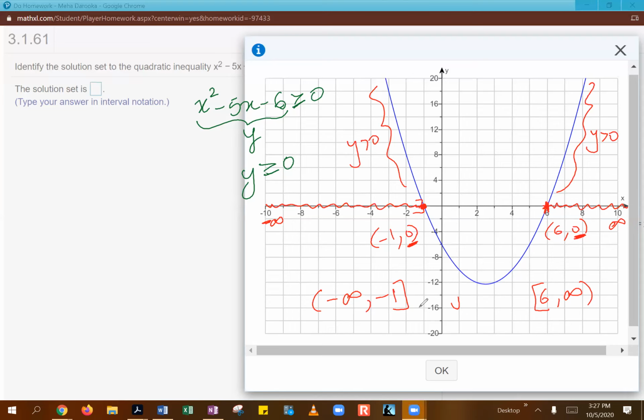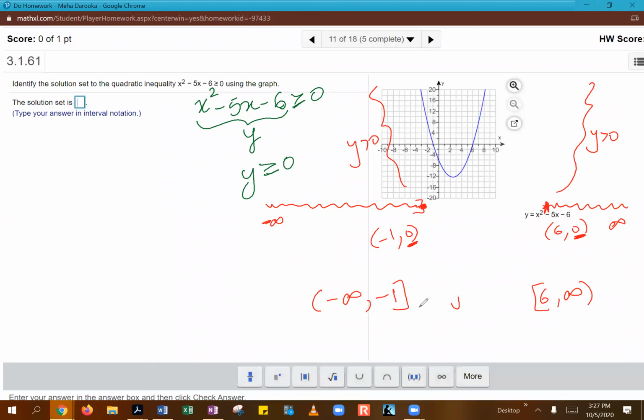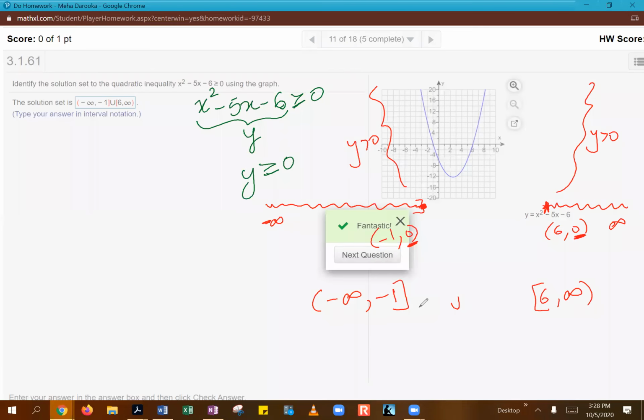So let's go ahead and type that in: -infinity to -1, including, and then union, including 6 to infinity.